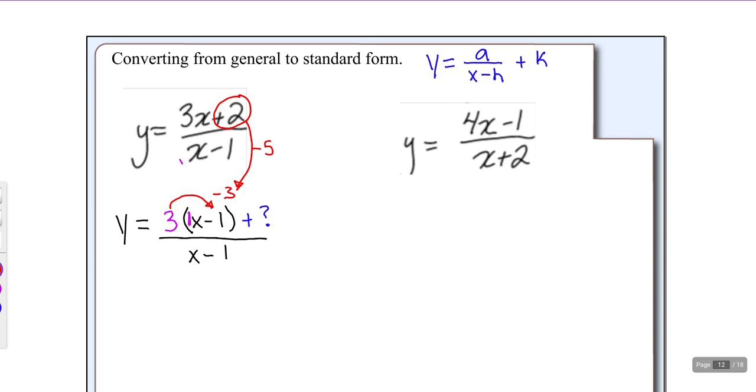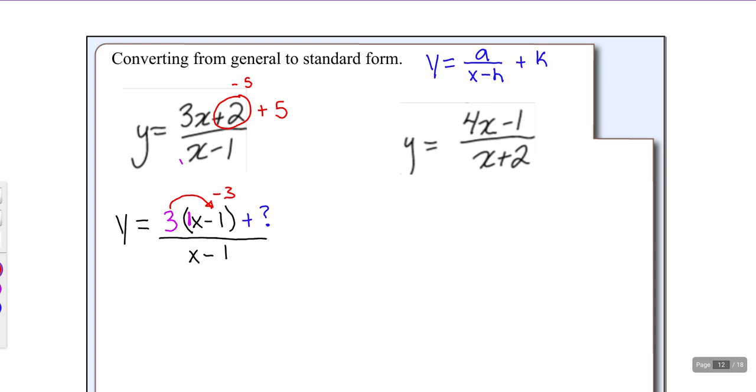You can't just do things to expressions and not balance it out somehow, right? So when I subtract 5 to that plus 2, I have to add 5 to the numerator as well. So if I subtract 5 and add 5, I really haven't changed the number, right? It stayed the exact same.